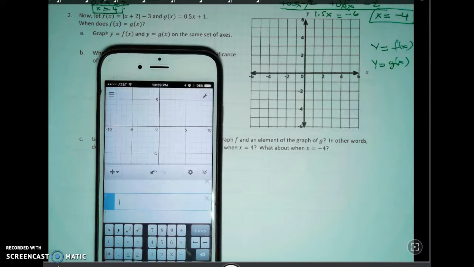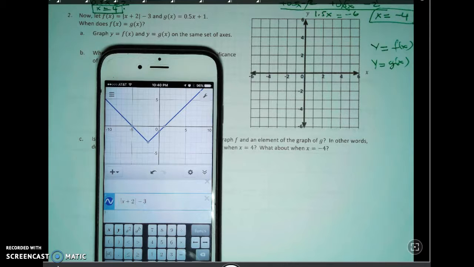You can use the calculators that we have available, TI-83s, or right now I'm using Desmos on my phone. So the first equation is f of x equals the absolute value of x plus 2, minus 3.